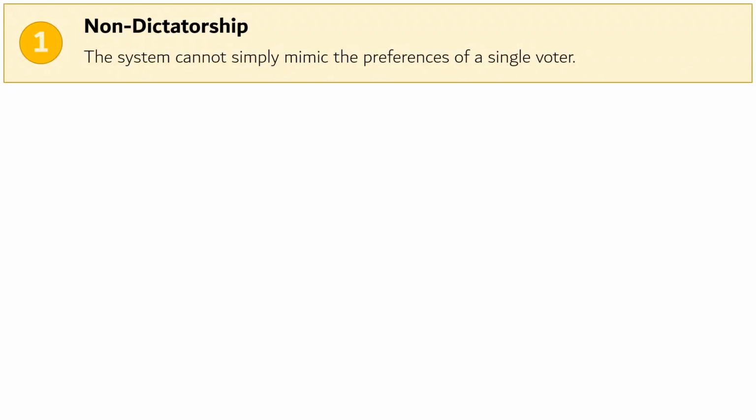The system cannot simply mimic the preferences of a single voter. If they do, that voter is a dictator. But likewise, the system should not always mimic the preferences of some block of voters either. If they did, it wouldn't matter if everyone else voted or not, because the outcome is determined by some subset of voters. We want our voting system to genuinely count everyone's voice.